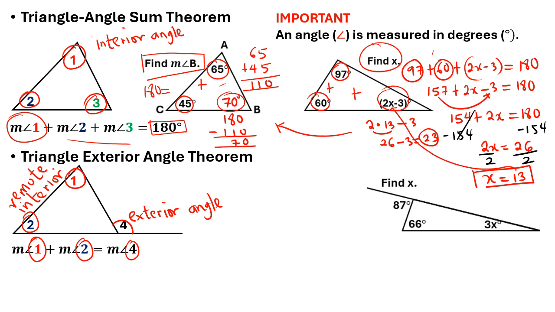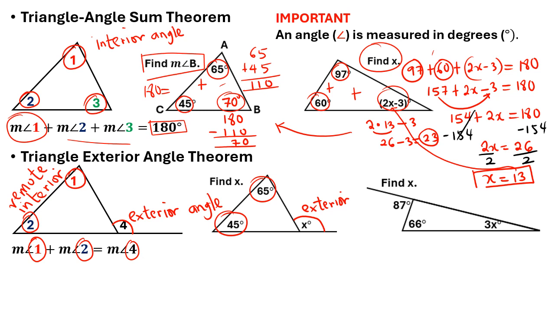So again, let's consider a very small, simple example. All right, let's consider this example right here. On this example, we have to find x, and x is the exterior angle. And we're going to carefully check to make sure that these two angles are remote interior. Indeed, they are.